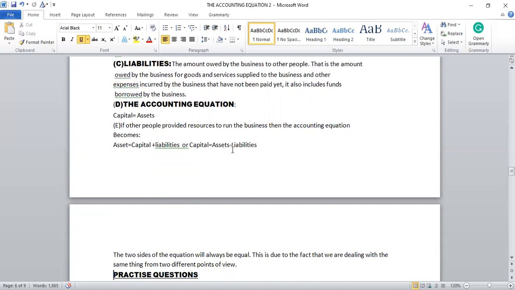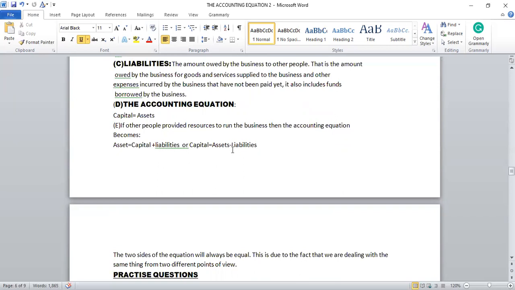So whenever anybody starts a business, the person will provide money or in kind. The money or in kind is the capital provided by the owner. Then the owner will use that money or in kind to run the business, so it becomes an asset. That's why you say capital is equal to assets.